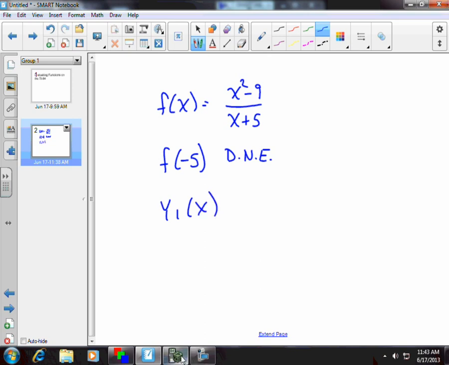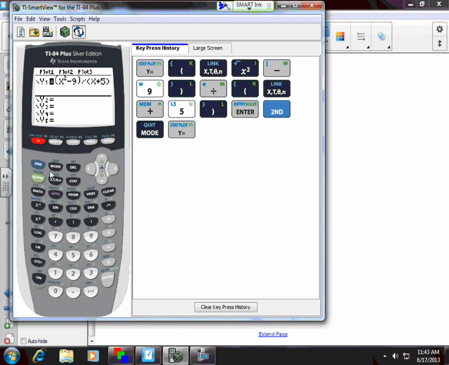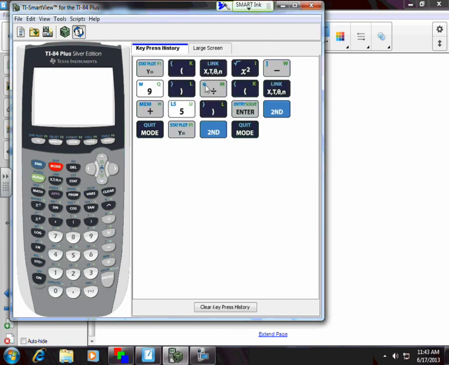Okay? So how do we get to y1? Let's go back to the home screen. Well, y1 is a variable name for the function, so we do it under the vars button. So let's press the vars button.